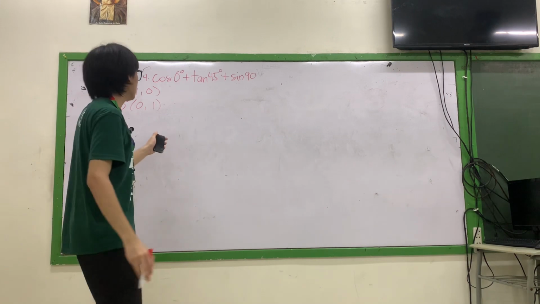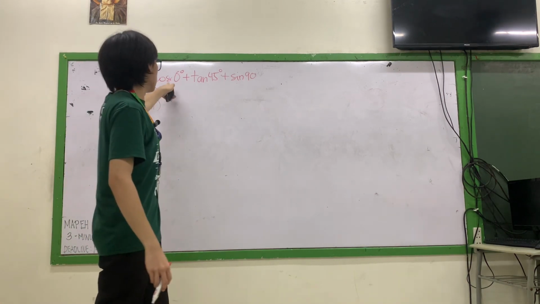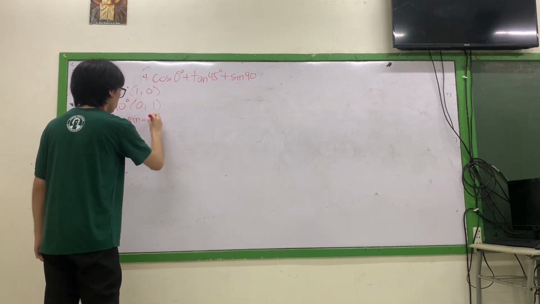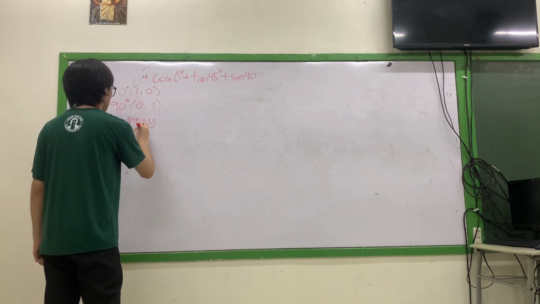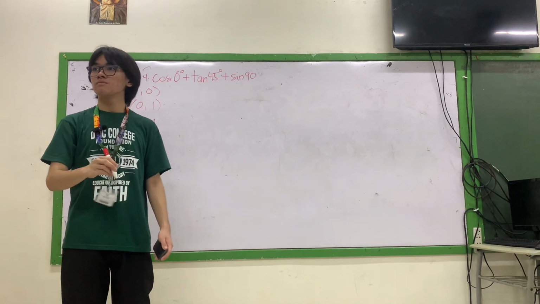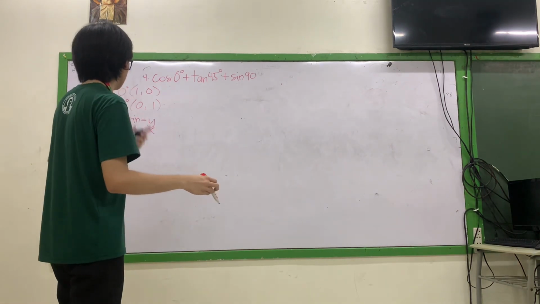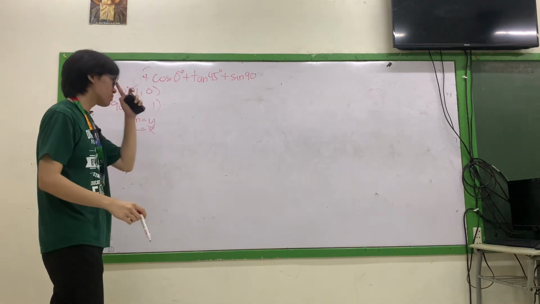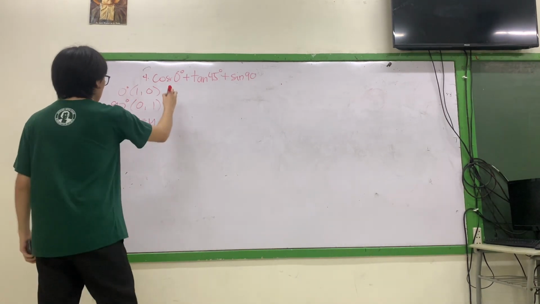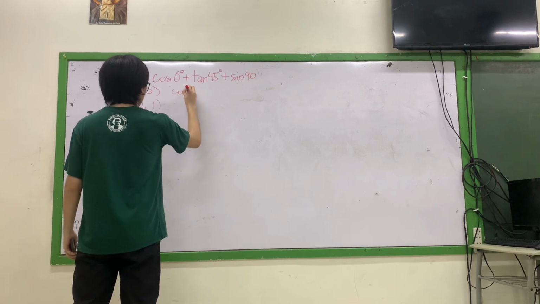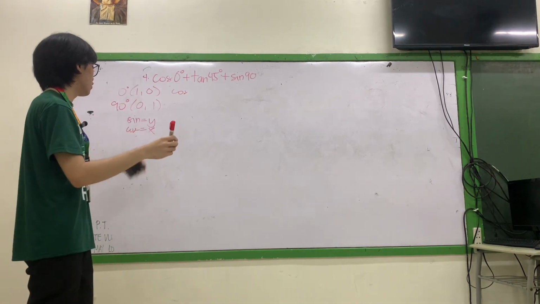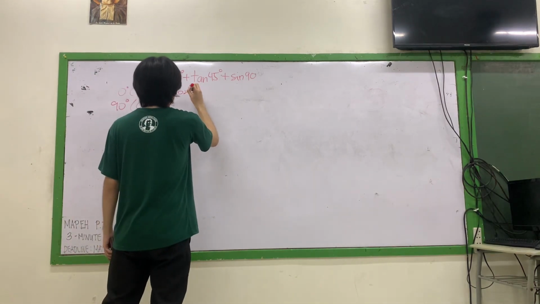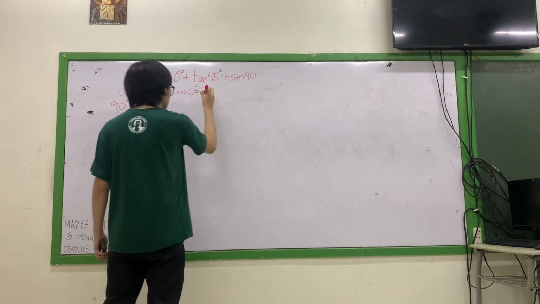Using this, we can substitute the exact values for cosine and sine. Sine is equal to y, and cosine is equal to x. Cosine of 0 is the x value, and our x value for 0 is 1. So we can write cosine of 0 equals 1.